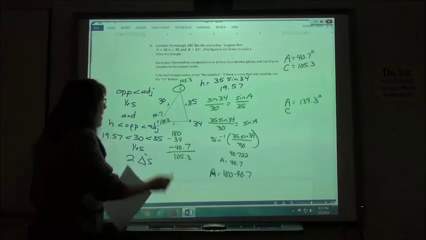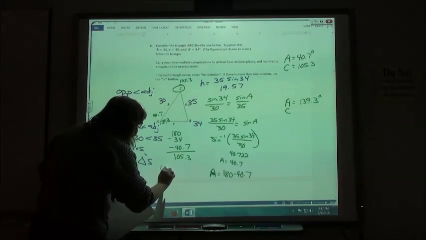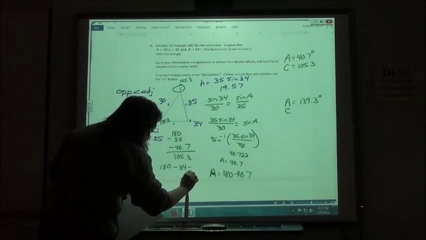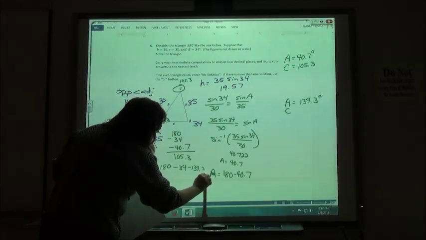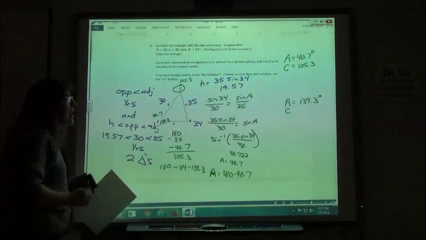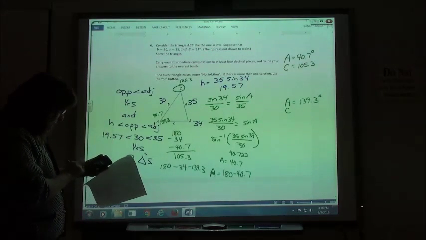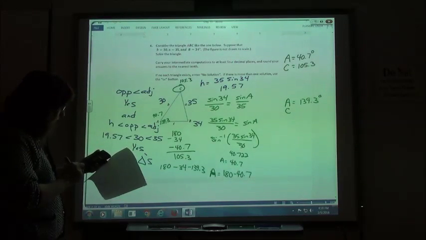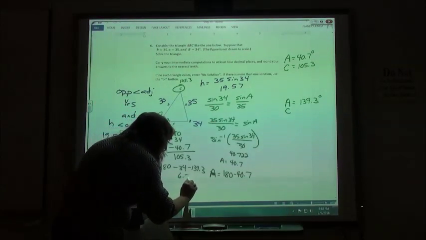If angle A was my obtuse angle, I would take 180 minus my 34 minus 139.3, using 139.3 for angle A. So 180 minus 34 minus 139.3 gives me 6.7.